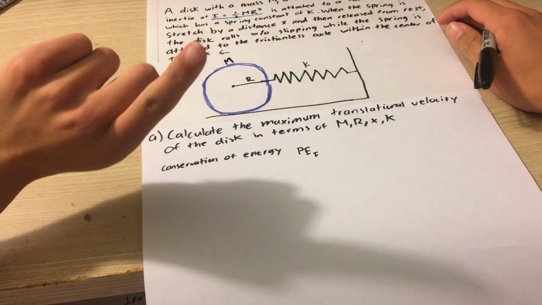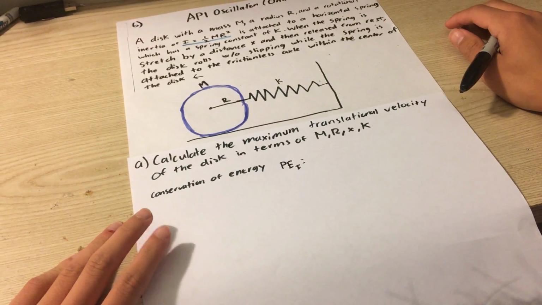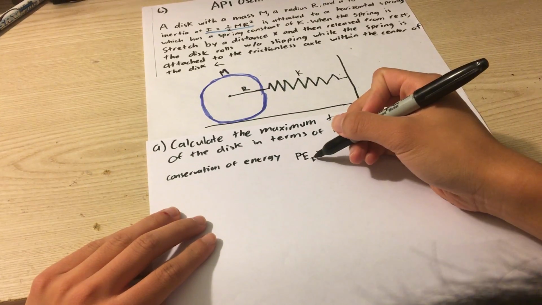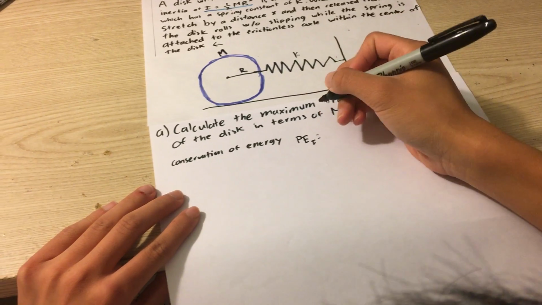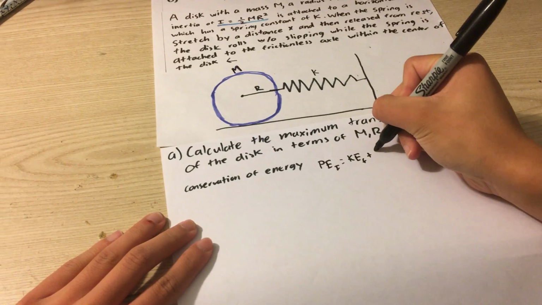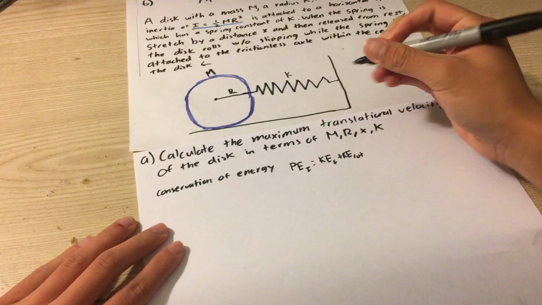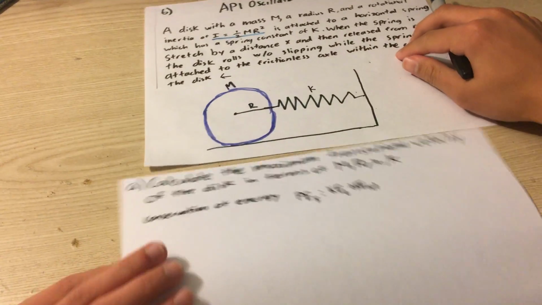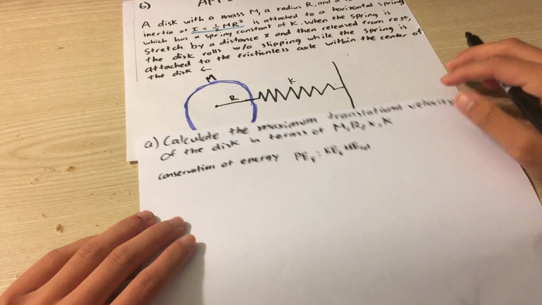Then for the final energy, since energy is always constant, all the initial potential energy will be transferred into final kinetic energy plus rotational kinetic energy. There's rotational kinetic energy because the problem tells you that the disc is rolling.